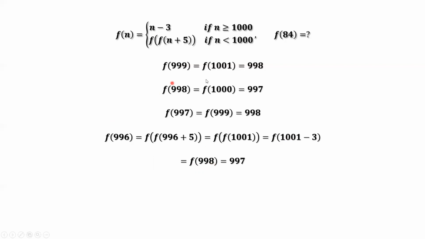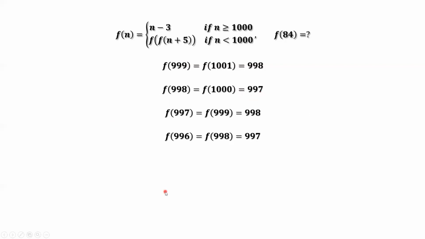We have the result here. f of 998 equals 997. We have these 4 results here. What is the pattern? The difference between the 2 numbers here and here is 2. Here and here is 2.